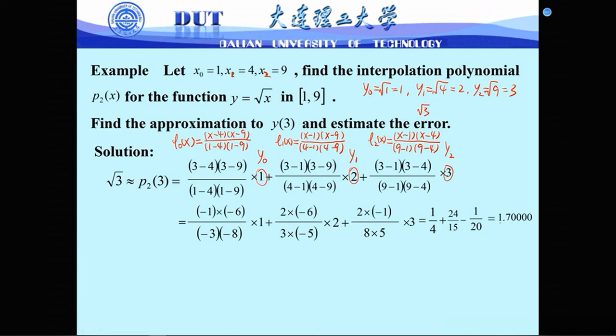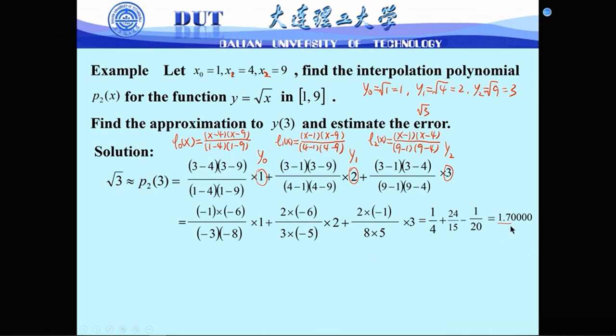Of course, we know we have 2 significant digits. So this is a method to compute the function value. Square root of 3 is an irrational number, so we need to find its floating point or approximate number. Now we can use the interpolation polynomial to approximate the square root of 3.